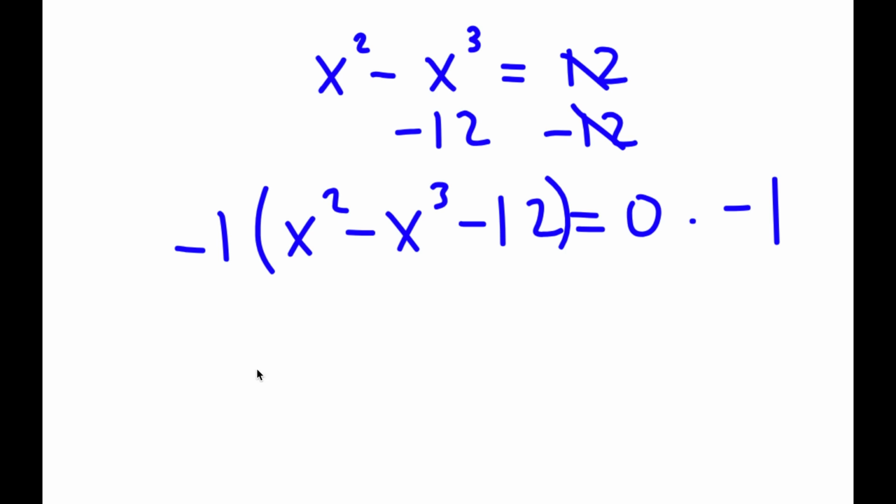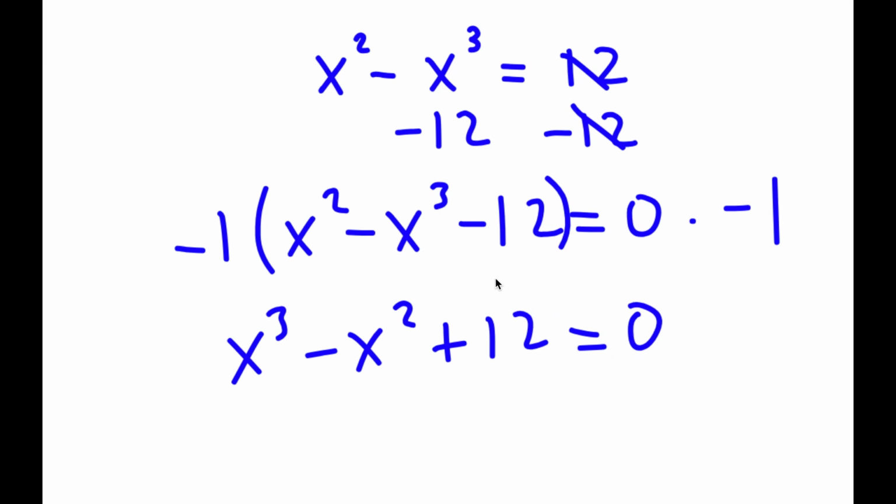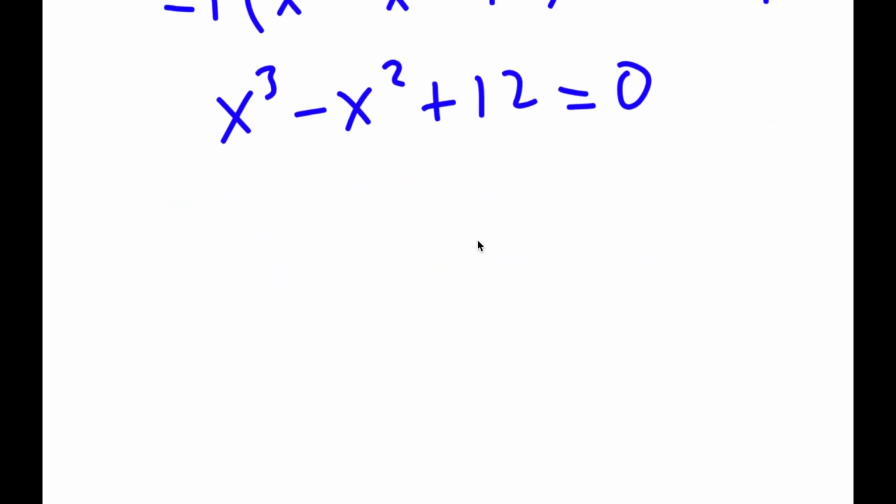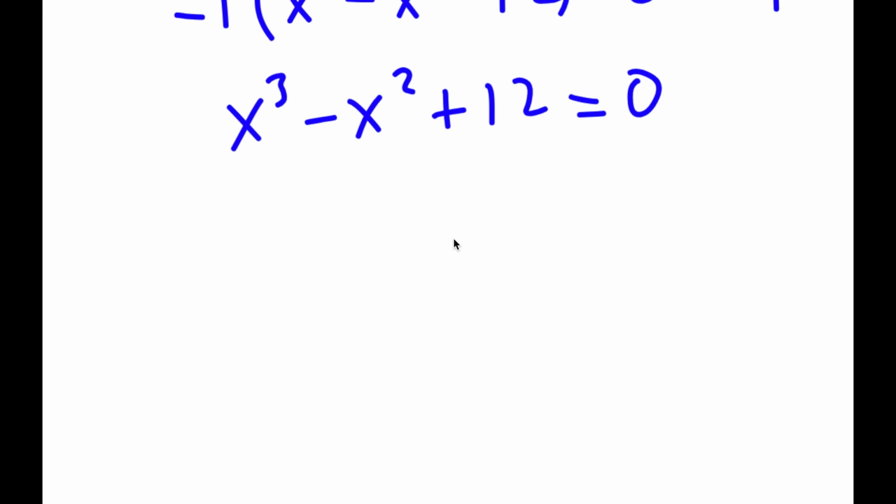So now I have x to the power of 3 minus x squared plus 12 is equal to 0. Now to actually find all the solutions of x to this problem, I need to first start by finding one of them, and using that one solution I can find the rest of them.